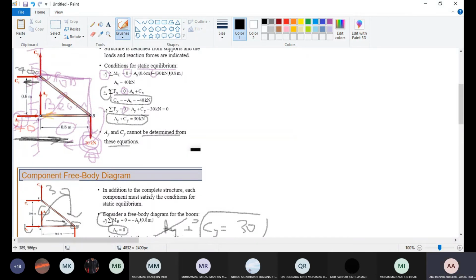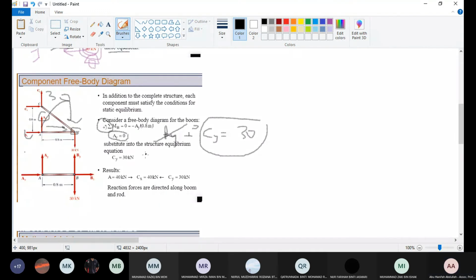CX is 40, CY is 30. So what we have is this: this is 30, along this is 40.